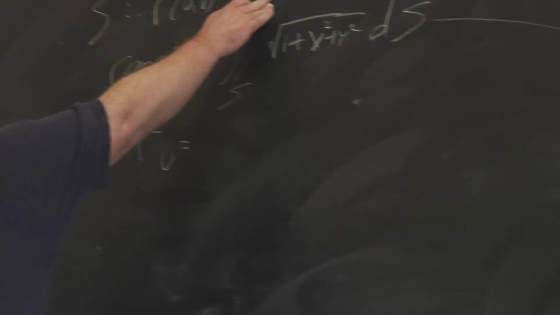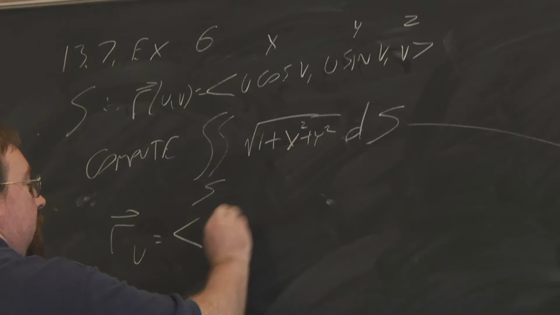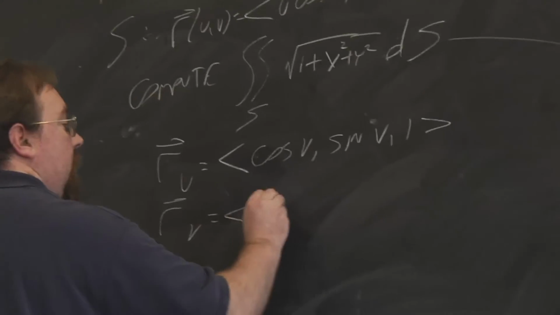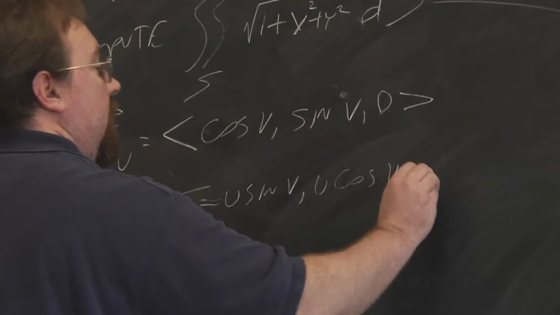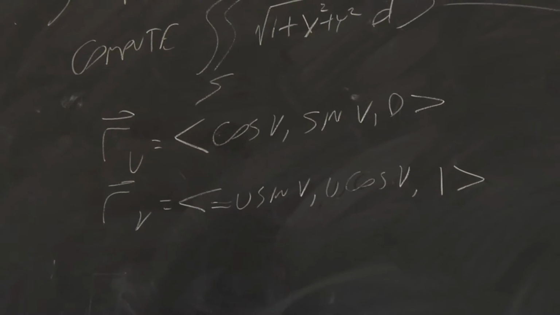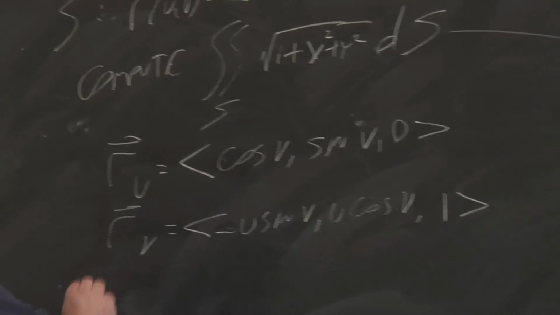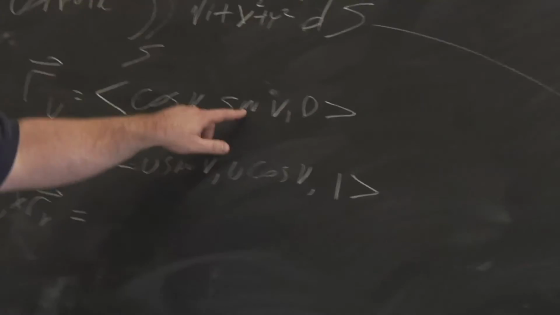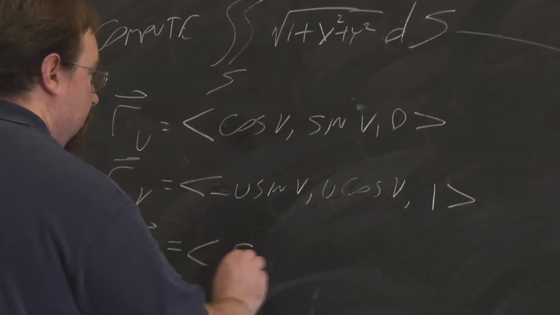Right. So we need the partial derivatives of our parameterization with respect to u. So that's cosine v, sine v, and 0, and with respect to v, so we have minus u sine v, u cosine v, and then we have 1 over here. Then you need the cross product of these, ru cross rv, so we're going to have sine v times 1 minus 0 times this, so it's just sine v.